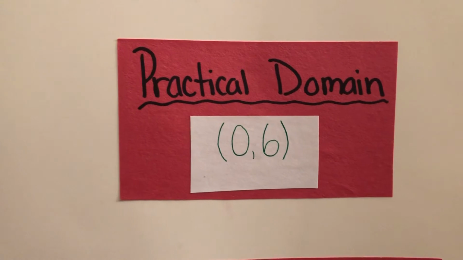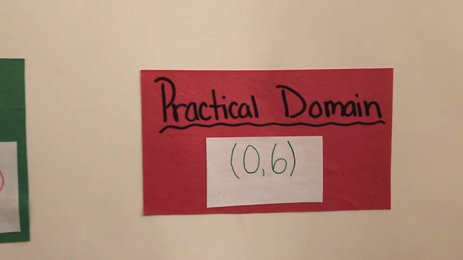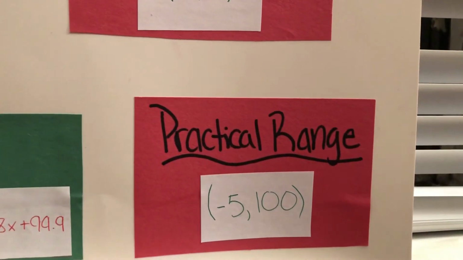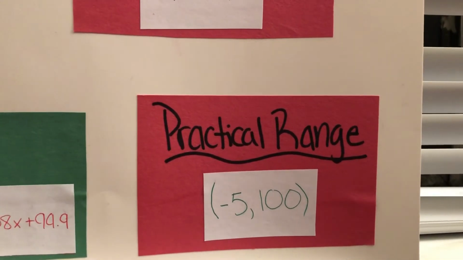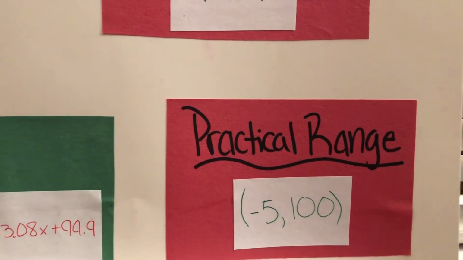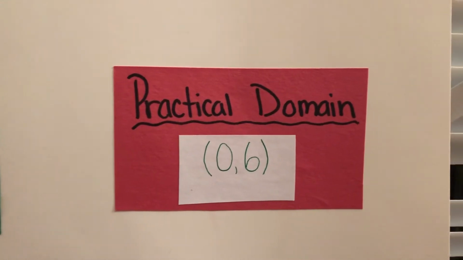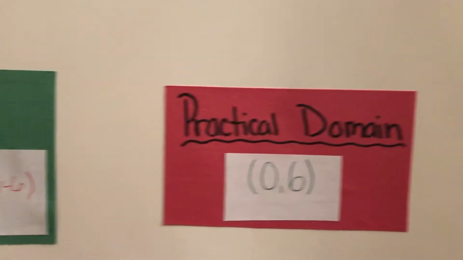Our domain is the smallest and largest x's on the graph, and then the range is the largest and smallest y's on our graph here. So that would be -5, 100, and the practical domain would be 0, 6.